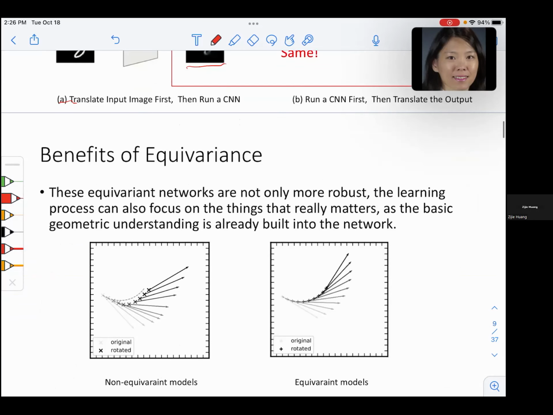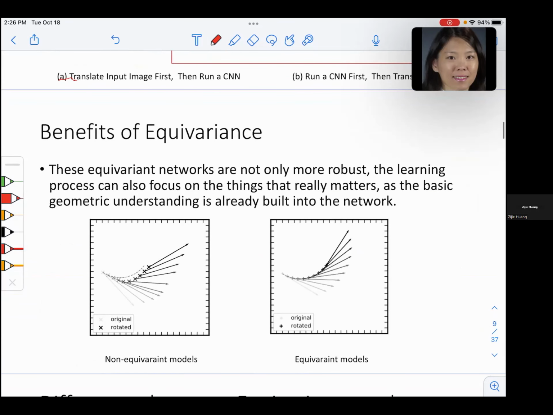So why do we care about that? In short, this equivalence can make our neural network more robust. Of course, one thing we can do is provide sufficient training examples to let the model automatically learn from data that even if we translate or rotate an input, we'll still get a similar transformation or rotation on the output.